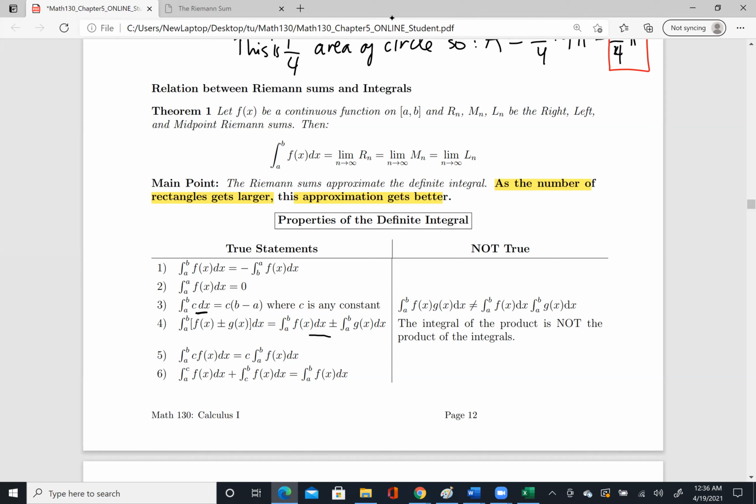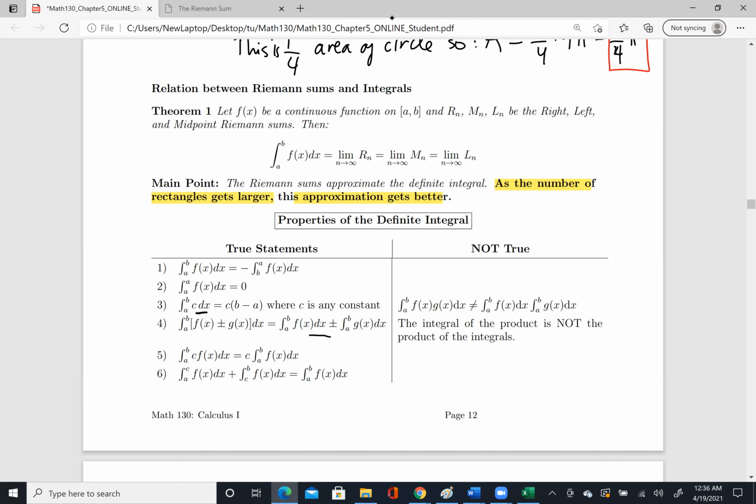And lastly, the integral from a to c of f of x dx plus the integral from c to b of f of x dx can be rewritten as the integral from a to b of f of x dx.